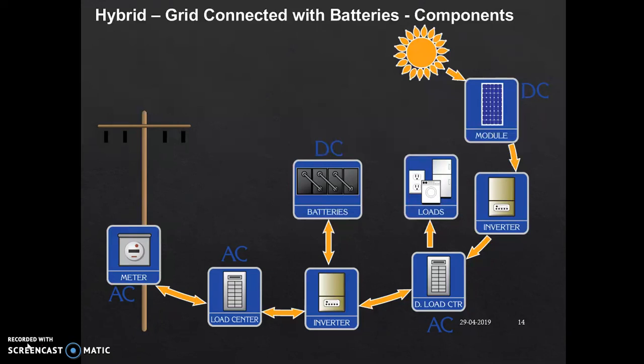We can also store it in a battery, or feed it to the transmission line through a net meter. This is a simple block diagram of a hybrid grid connected system with batteries.